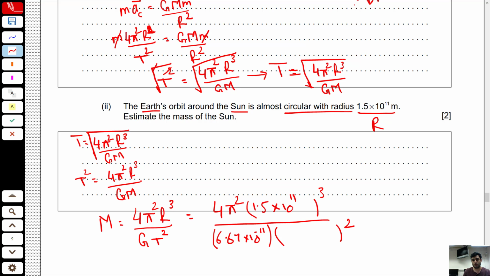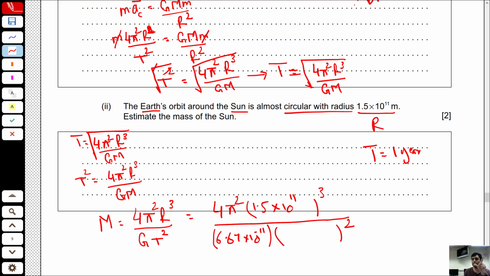Here, think about what time period we should use. This is the Earth and Sun problem, the Earth orbiting around the Sun. How long does it take for the Earth to complete the orbit around the Sun? Is it 365 days, 1 year, or 24 hours? 1 year. So the time period is actually 1 year.